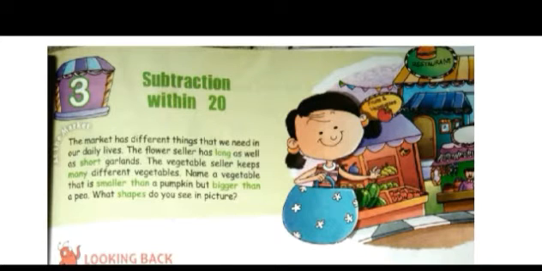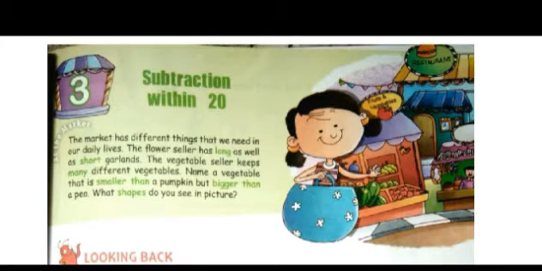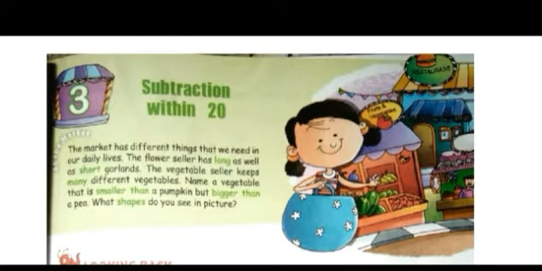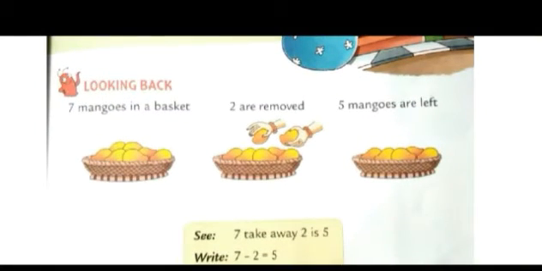So, scholars, in the previous chapter, that is addition up to 20, we have learned how to add a given number. In this chapter, we will learn how to subtract a given number. See this example given here. 7 mangoes in a basket.